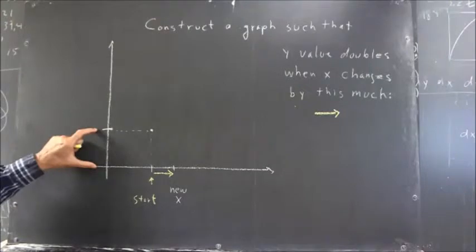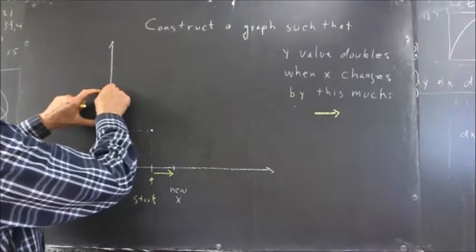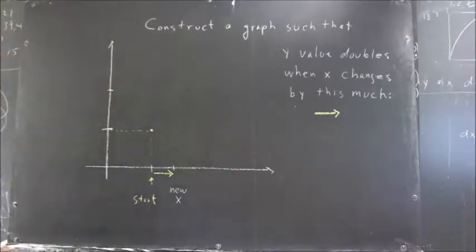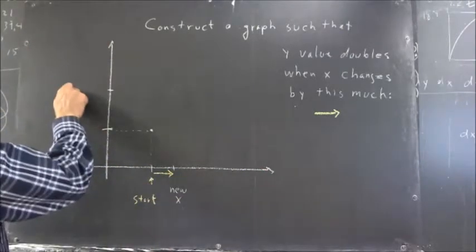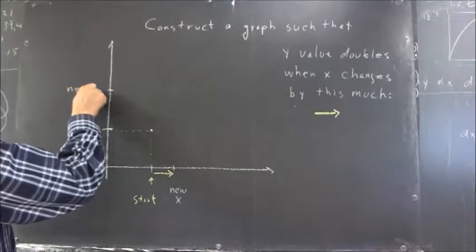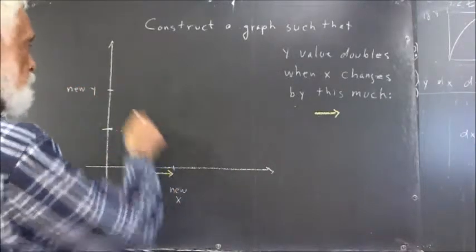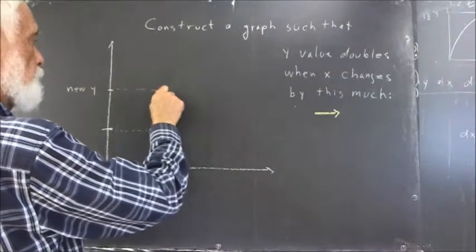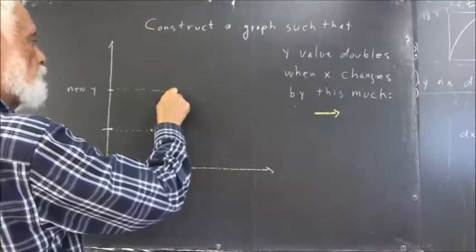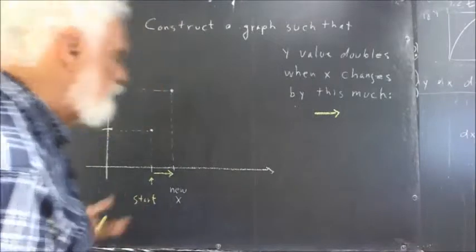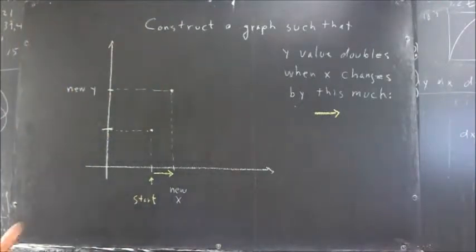Well, here's the value of y. If we double it, we get about here. So x changes by this much. There's our new x. Here's our new y. And we simply do this. Now you should construct more points, 3 or 4 more points.